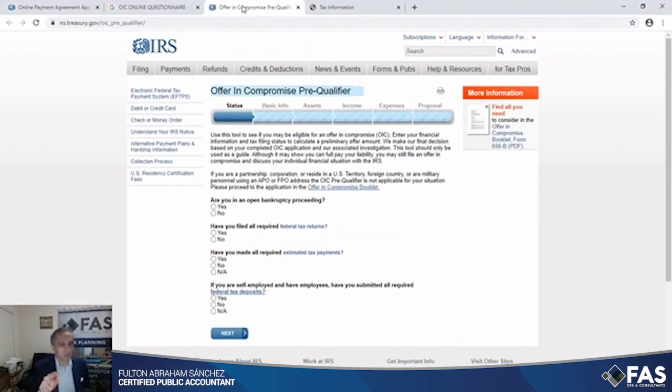This is an online tool that the IRS gives to every taxpayer with the objective of providing them in advance the criteria for a successful offer in compromise application. This is whether the offer in compromise will reduce your debt.